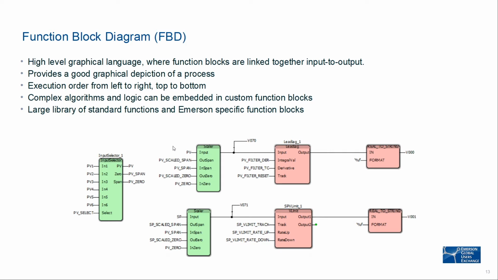So you can imagine that data flows in from the left, gets executed by a function, gets output on the right, and then fed to the next function block on the right. So everything is run from left to right, top to bottom. And these can be combined with the ladder logic that we saw on the previous screen. So these are good for providing a good high-level overview of your program.